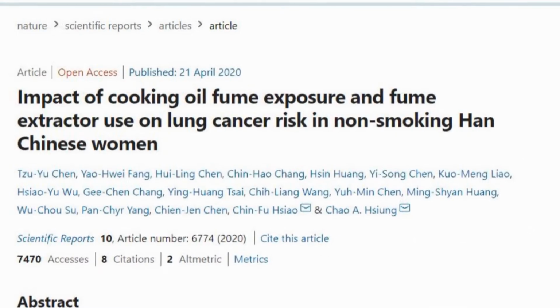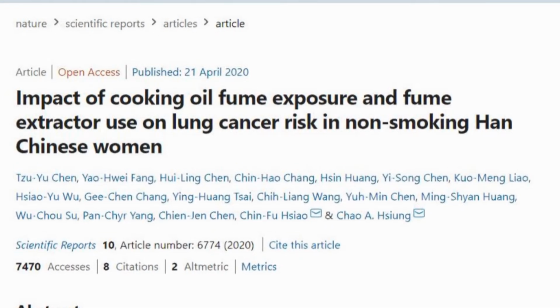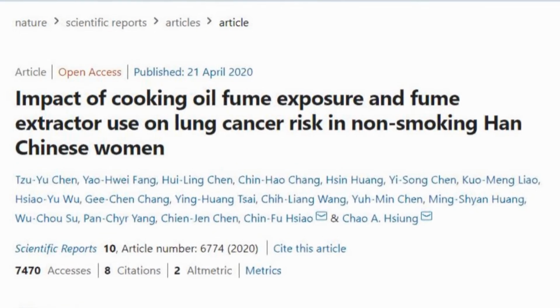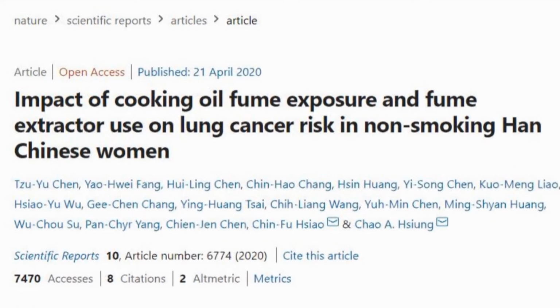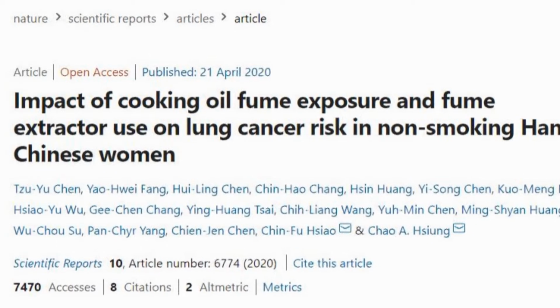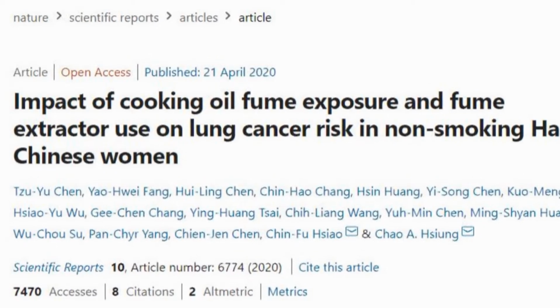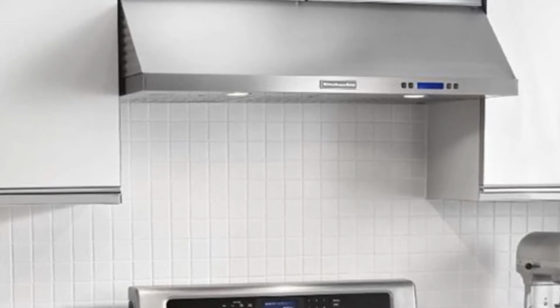In this study, when they examined women who cook with stir frying but use a fume hood that will remove all the cooking oil fume from the surrounding environment, they had no risk for lung cancer. And therefore, based on their finding, the researchers strongly recommend the use of an exhaust hood during stir frying.